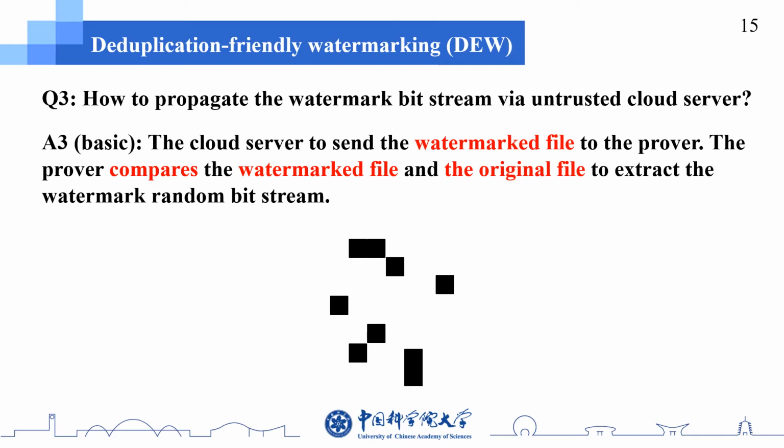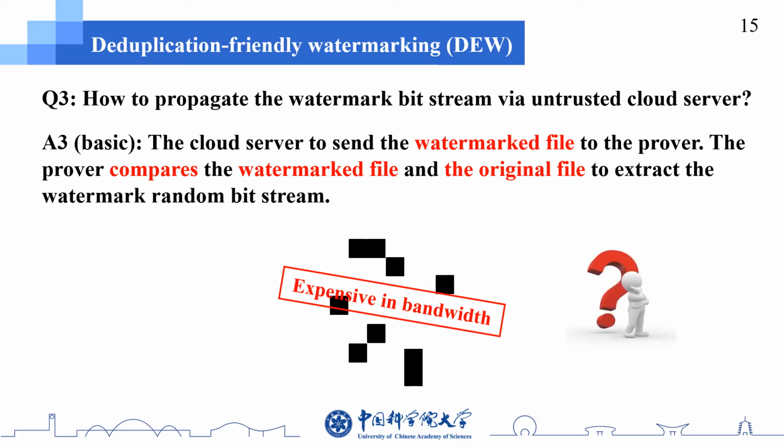However, this approach discloses too much information about the original file to the prover before POW and incurs significant communication overhead. So, is it possible to optimize this basic approach?